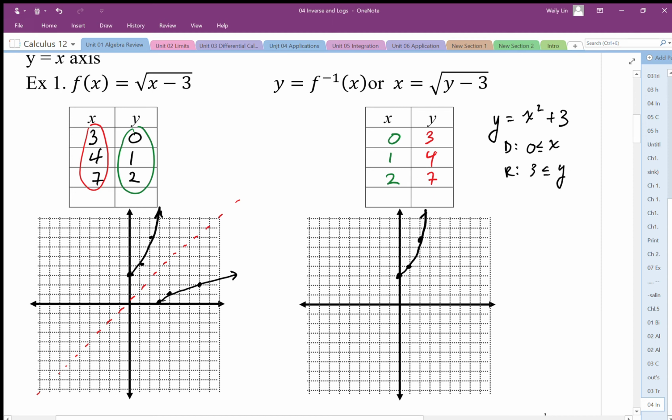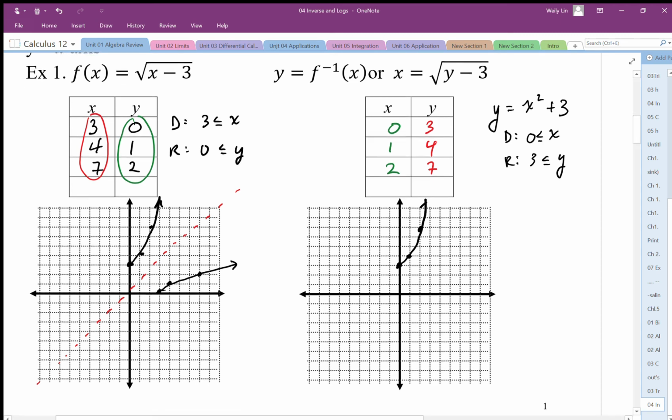And notice that if I look at the original, the domain was x is greater than or equal to 3, and my range was y is greater than or equal to 0. Notice that not only do my x and y variables change, my domain and range change. They just switch. The domain and range just switch when we do an inverse as well.